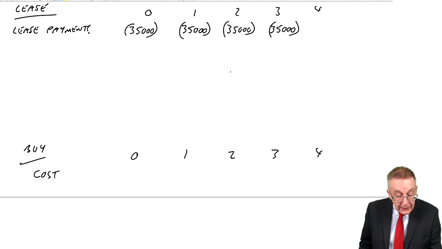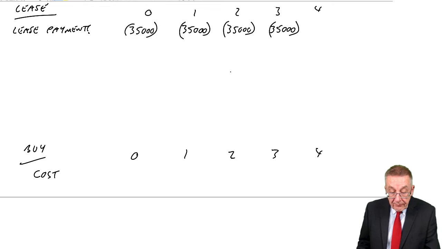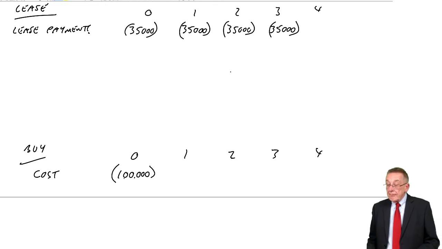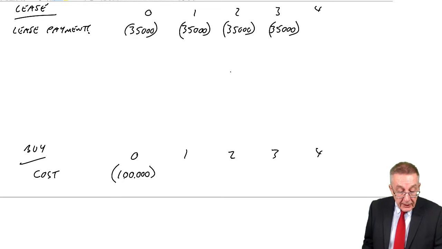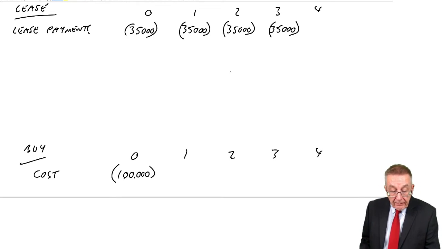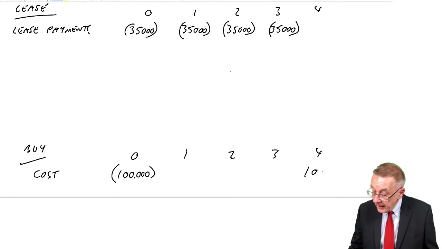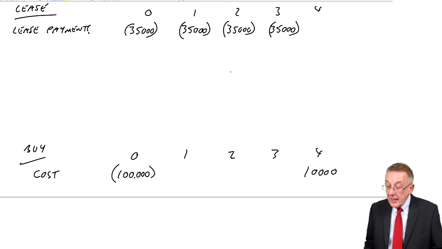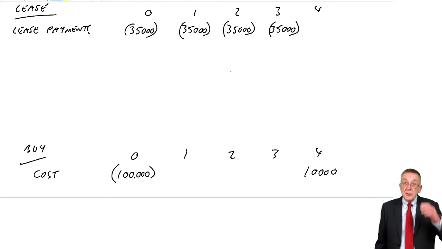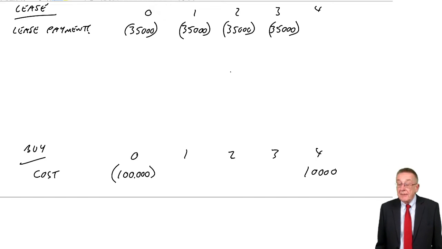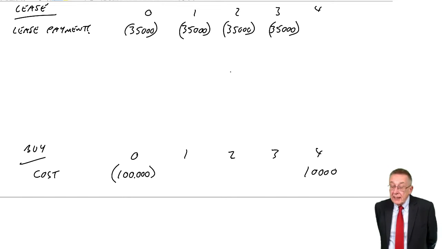How much is it? 100,000. And we get the scrap proceeds. Since it's ours, we'll get the scrap proceeds in 4 years' time, an inflow of 10,000. Now again, there are tax implications, which is where we have a bit of a problem. We'll worry about that in 2 seconds. But otherwise, I think easy enough.